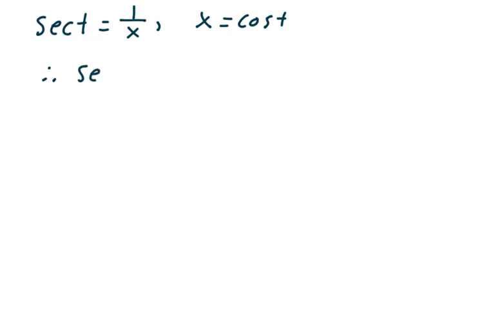And secant t is 1 over x. But remember that x is cosine t. And so, therefore, if I replace x with cosine t, I get secant t is 1 divided by cosine of t.